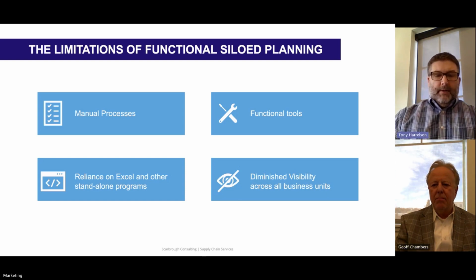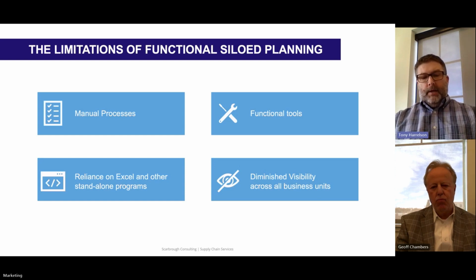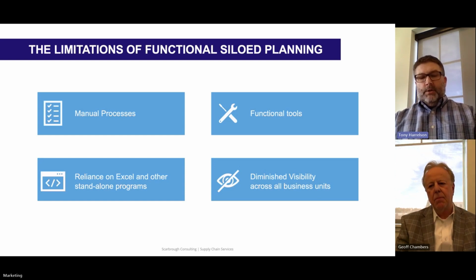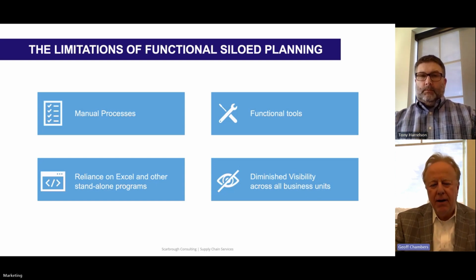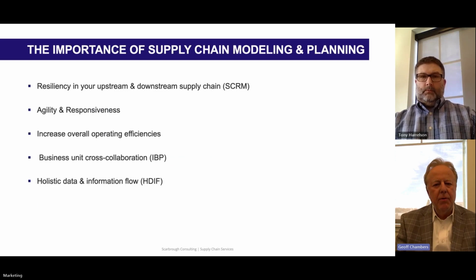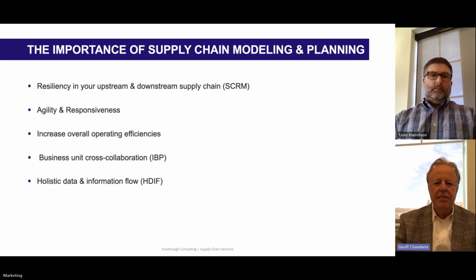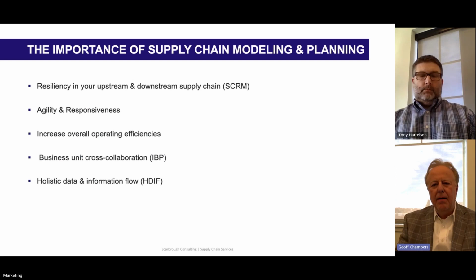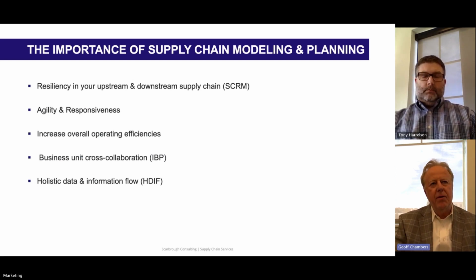Geoff, I did have a question on this topic. How do companies function that were using the siloed planning model during COVID? Well, very good question, Tony. If we could, can we go back to slide number 3 for a minute? If we look at slide number 3, there were two things that the companies were affected by: cash, number one, and liquidity.